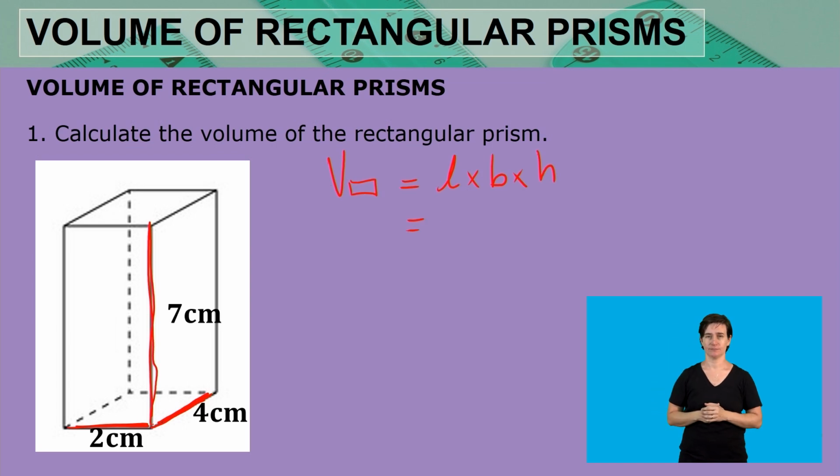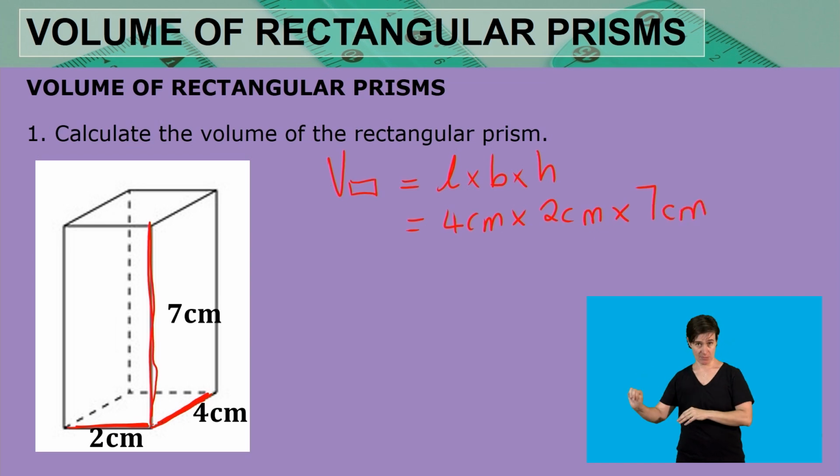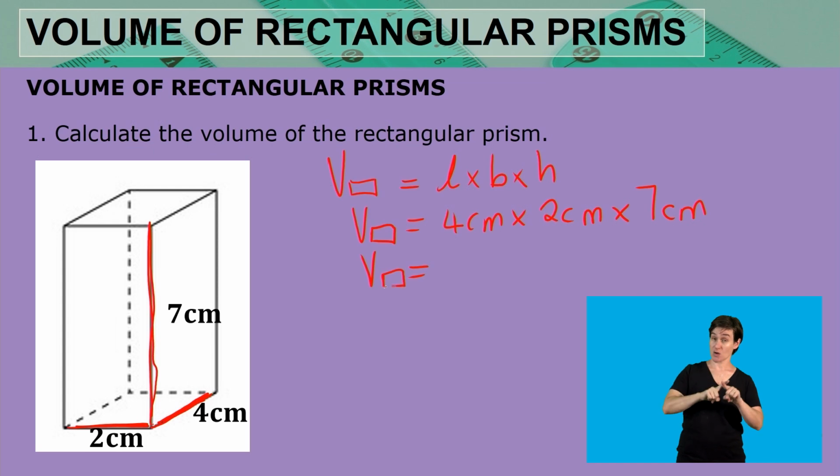So this means that we are going to say 4 centimeters multiplied by 2 centimeters, multiplied by 7 centimeters. What is 4 multiplied by 2 multiplied by 7? That is going to give us 56 centimeters cubed. And remember, we are using cubed here because we are working with volume.